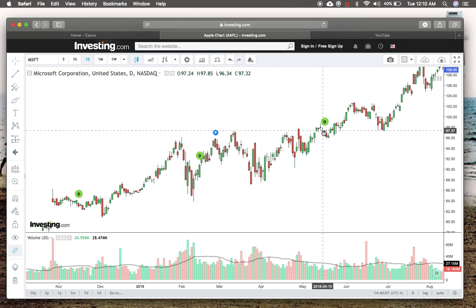I am going to move to different markets now because I want to establish that technical analysis can be used across all markets and all time frames. So we are actually looking at the stock of Microsoft in the Nasdaq in the US. If you see over here, this is March 2018.